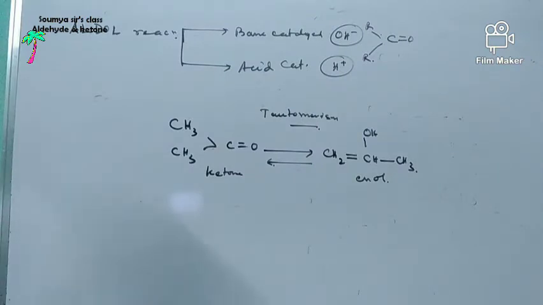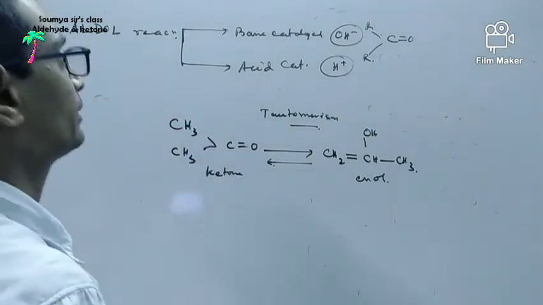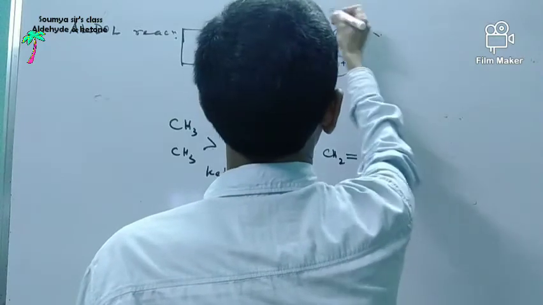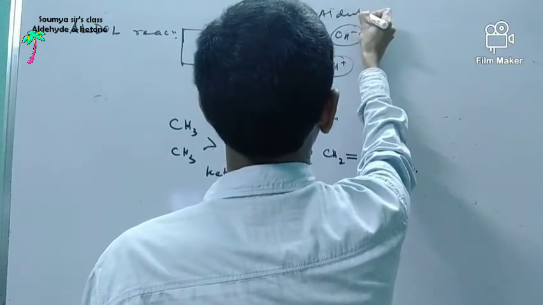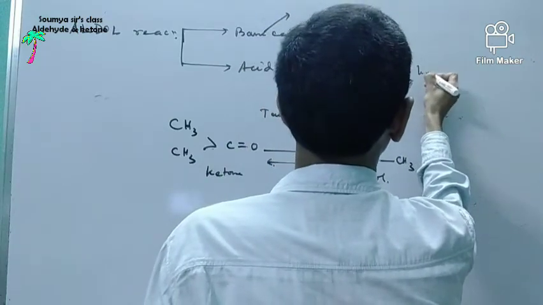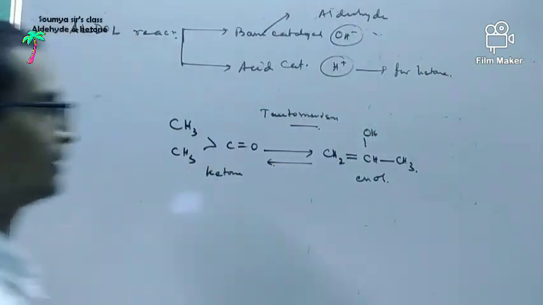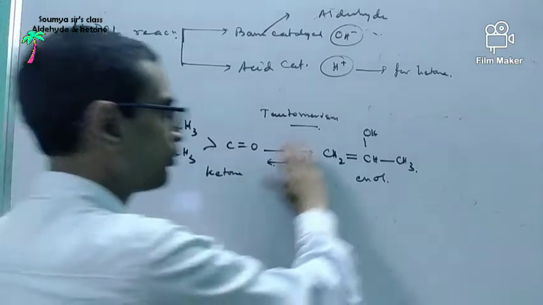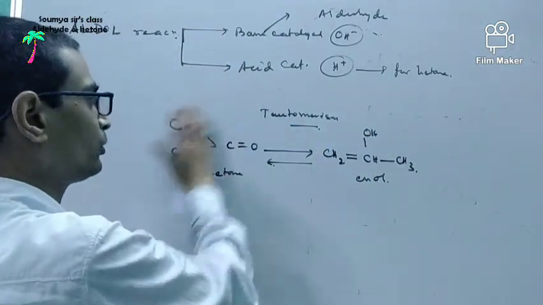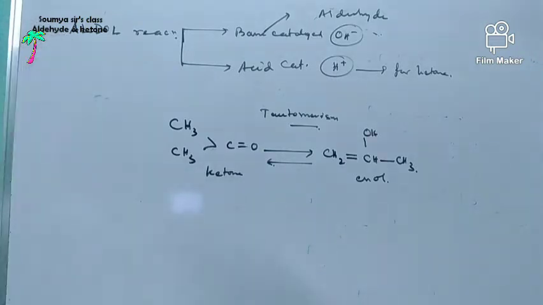Now, previously we have discussed base catalyzed for aldehyde. Now we will discuss acid catalyzed for ketone. So one ketone lies like this and another ketone lies like this.